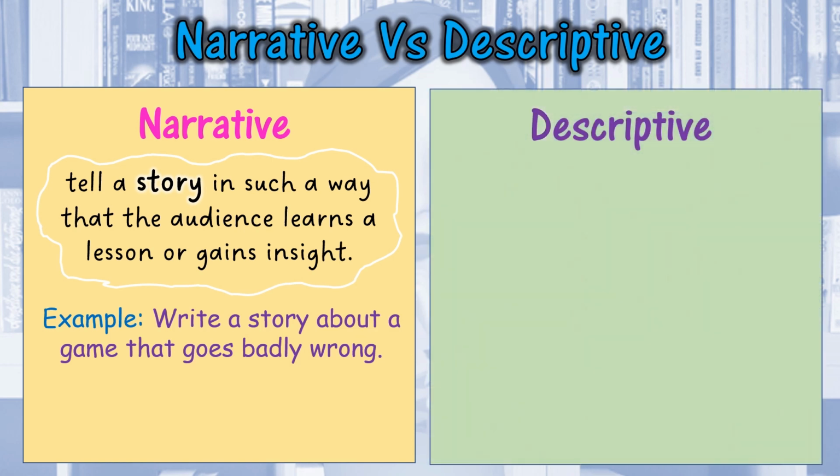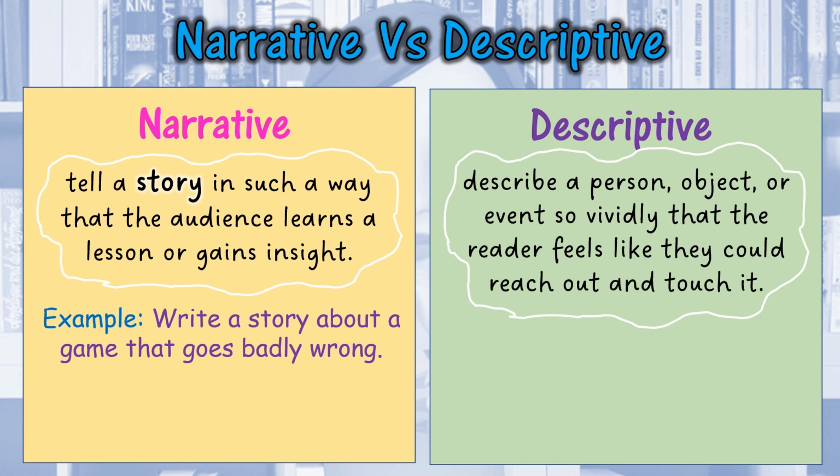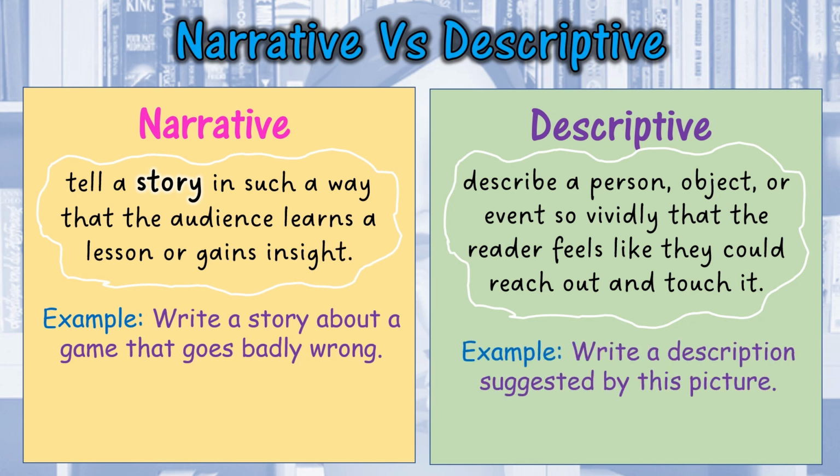Whereas descriptive writing requires you to describe a person, object or event so vividly that the reader feels like they could reach out and touch it. An example question could be, write a description suggested by this picture. And then there will be a picture of a scene of some sort, and you will use that as inspiration for your description.